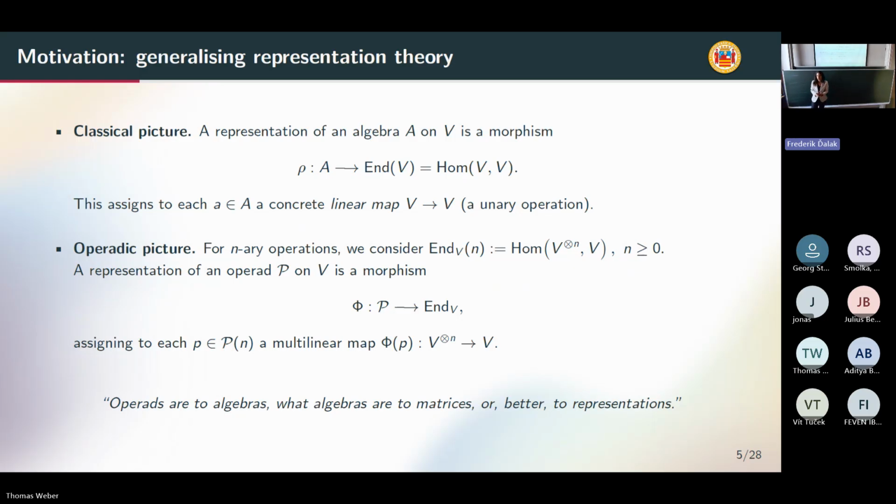When you have a multilinear operation, you can just substitute its inputs with other multilinear operations, exactly like substitution, and it is completely general and natural, and it also has nice properties like it is an associative composition and it has a unit, the identity map. So when we give the definition of an operad, we would like to mimic these kinds of properties, and it is exactly what we are going to do.